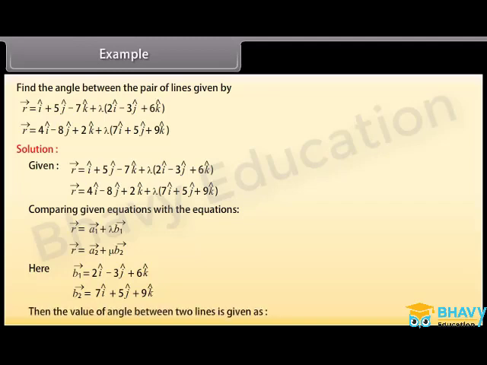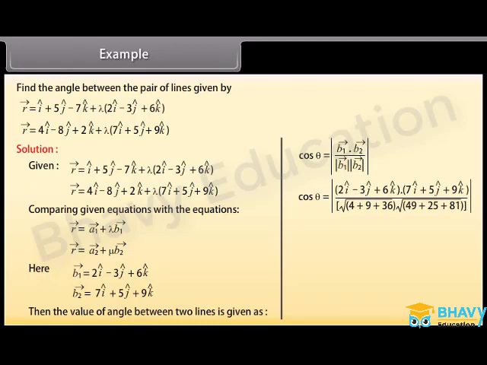Then the angle between the two lines is given as cos theta equals modulus of vector b1 dot vector b2 by modulus of vector b1 into modulus of vector b2. Cos theta equals modulus of the dot product of (2i minus 3j plus 6k) and (7i plus 5j plus 9k) divided by square root of 4 plus 9 plus 36 into square root of 49 plus 25 plus 81.